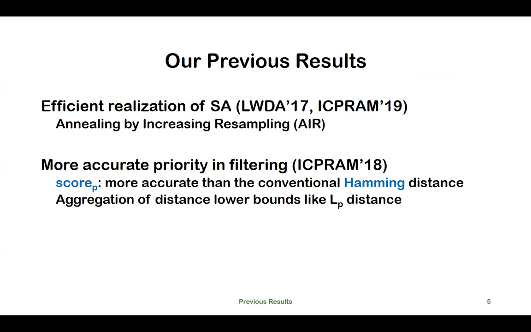In ICPRM 18, we proposed priorities used for filtering that are more accurate than the conventional Hamming distance. We proposed score P, which aggregates the distance lower bounds in the same way as Minkowski's Lp distance.